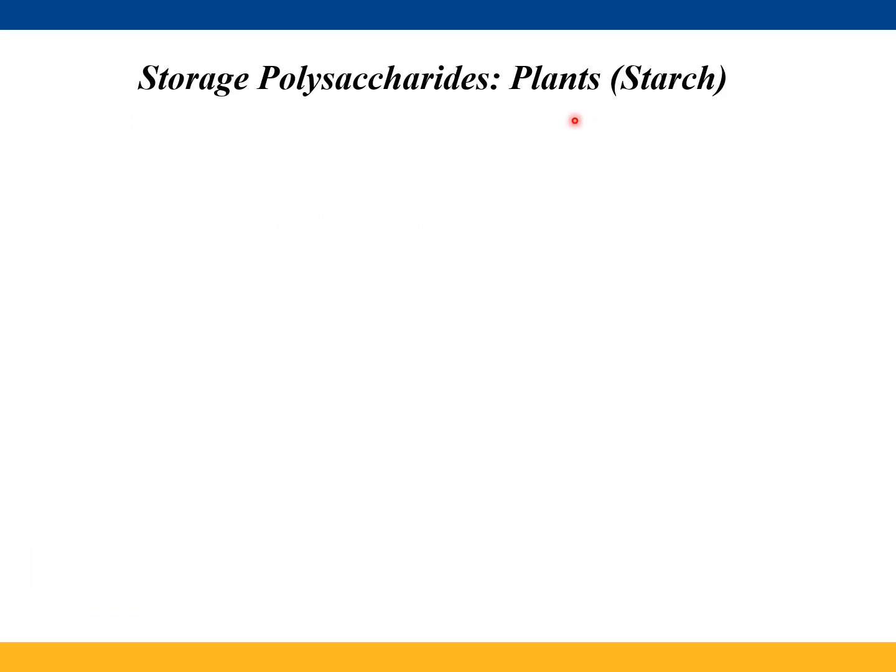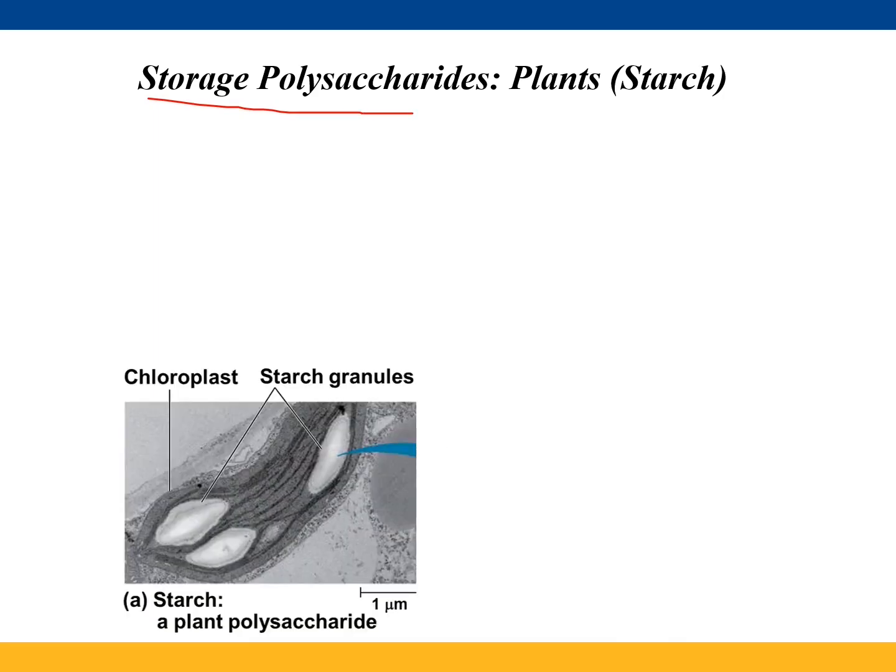Now let's talk about starch. We know that it's a plant polysaccharide. And maybe you have seen this picture in high school. You remember what a chloroplast is. It's an organelle that is in charge of photosynthesis.